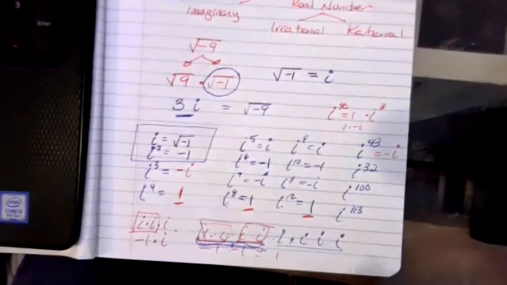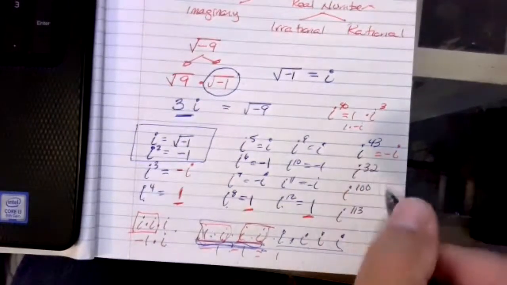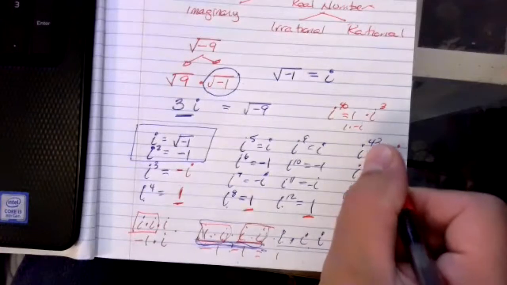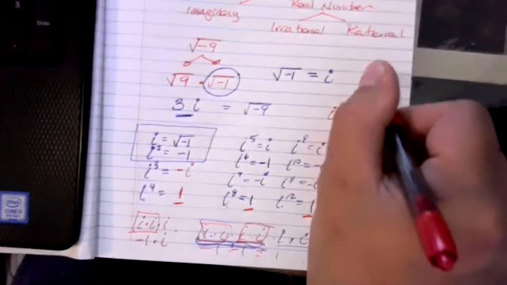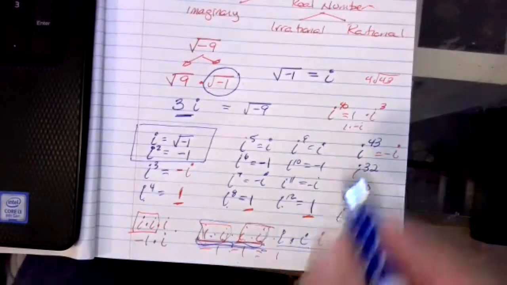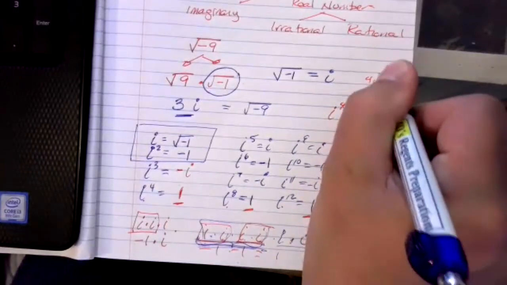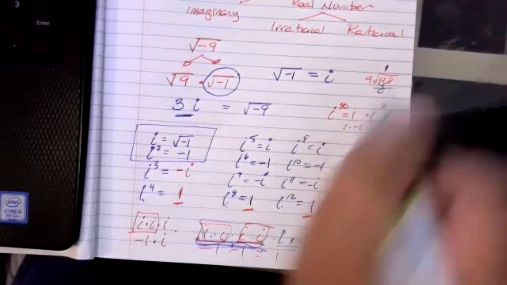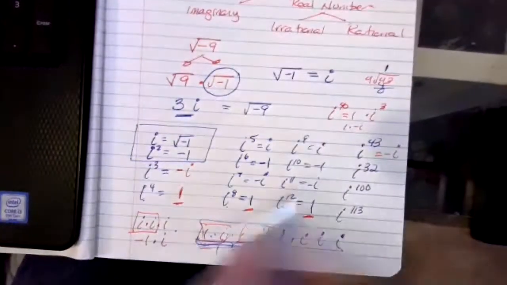We could do it that way, or another way would be just to divide 4 into this exponent. You could say 4 goes into 43, right? 4 goes into 4 once. 1 times 4 is 4, subtract, and you get 0.